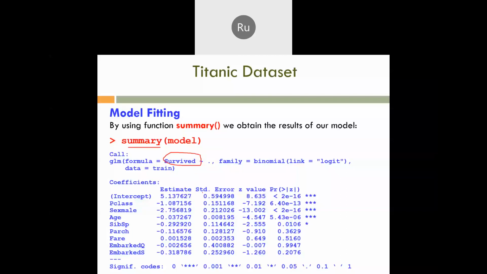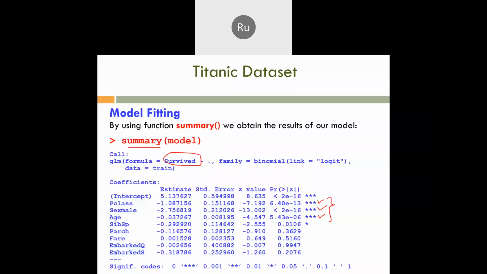So we know that the class, and then your gender, and then the age, these three are significant in determining the survival of the person. So the 3 stars here refer to 0. Normally we use the p-value of 0.05. If we have smaller than that, it's even better.